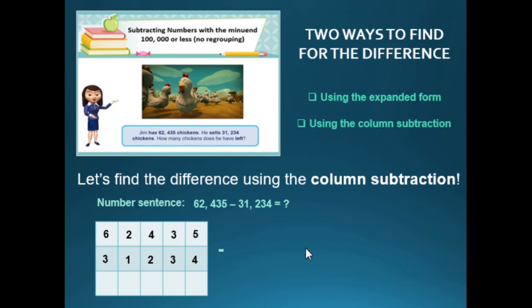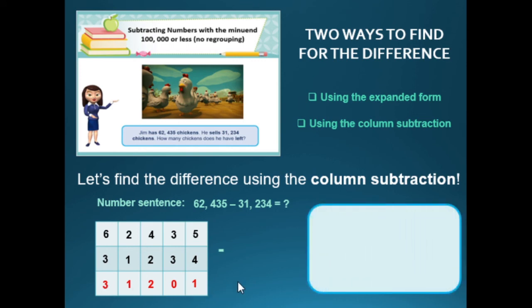For column subtraction, you subtract from the right. So it's 5 minus 4 equals 1. 3 minus 3 equals 0. 4 minus 2 equals 2. 2 minus 1 equals 1. And 6 minus 3 equals 3. So we still get the same answer.